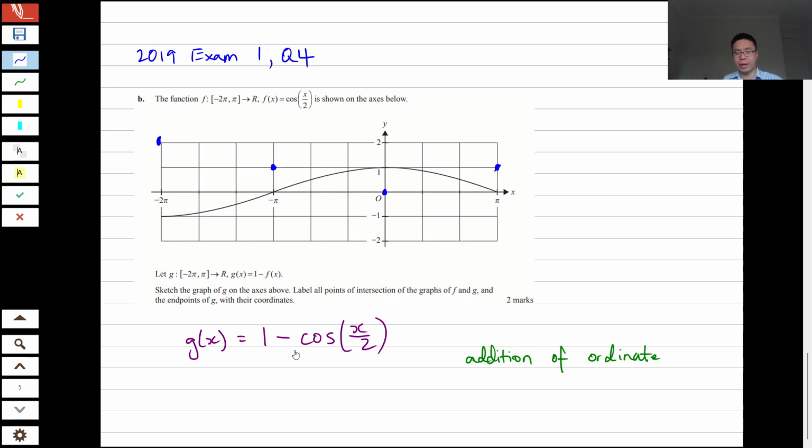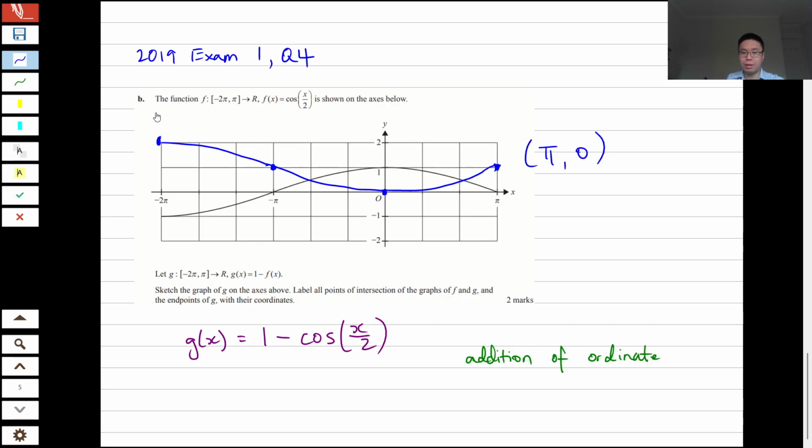So if you think about it this way, if my graph looks like this, if I make it negative, the maximum becomes a minimum and the minimum becomes a maximum. So my graph is going to look like this. This is quite difficult to draw. But there we are. And here are the coordinates.